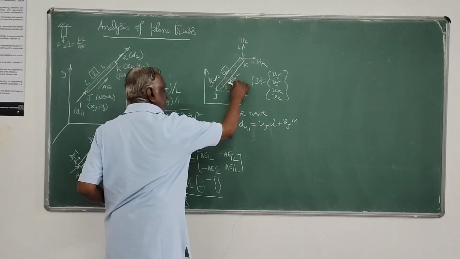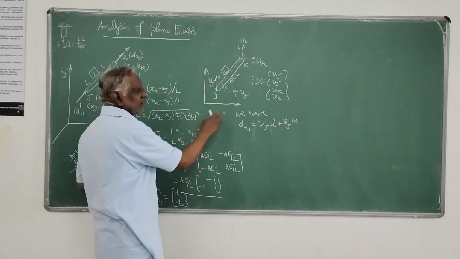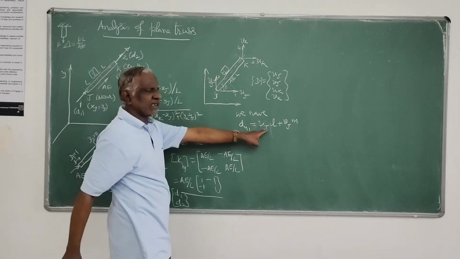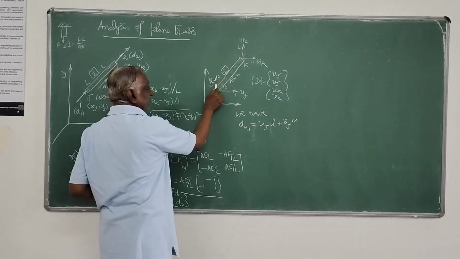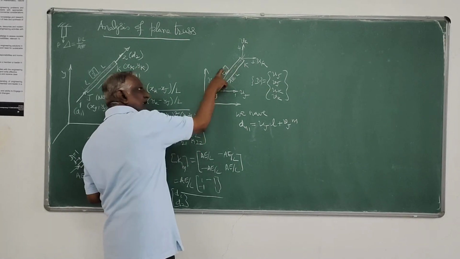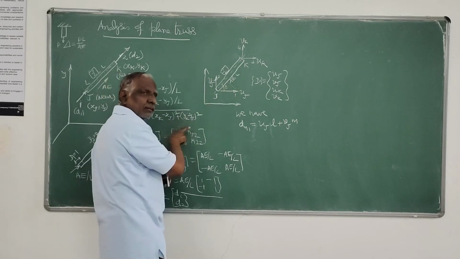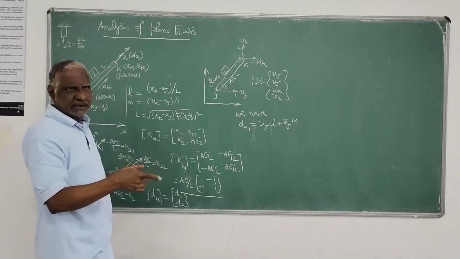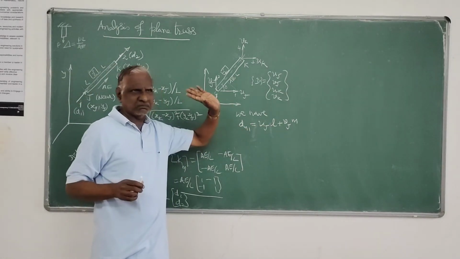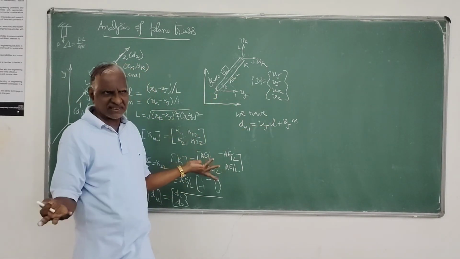This uj, if you resolve it like this, will be uj cos theta. Uj cos theta means it is uj l. Similarly for vj, the angle will be 90 minus theta. So the component along the dm1 direction of vj will be vj cosine of 90 minus theta, that is vj sin theta, that is nothing but vj m. If this is understood, there is nothing much.